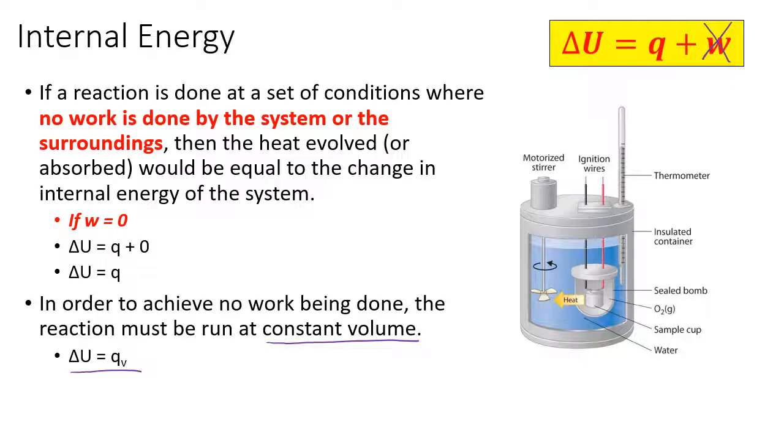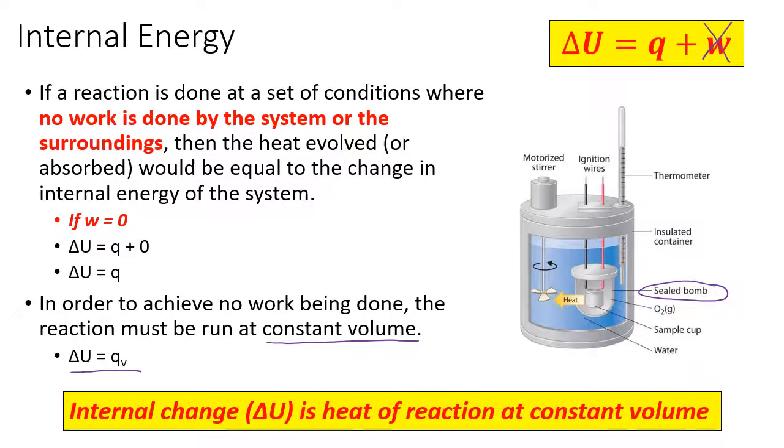A bomb calorimeter allows for constant volume because the reaction container is sealed. Therefore, even if gases are generated, the reaction container cannot expand or contract because it's made out of steel. Therefore, internal energy can be redefined as the heat of reaction that's calculated at constant volume conditions.